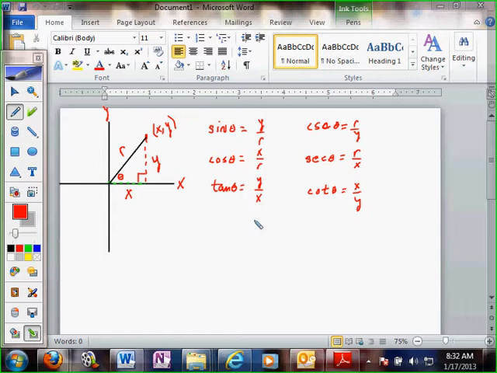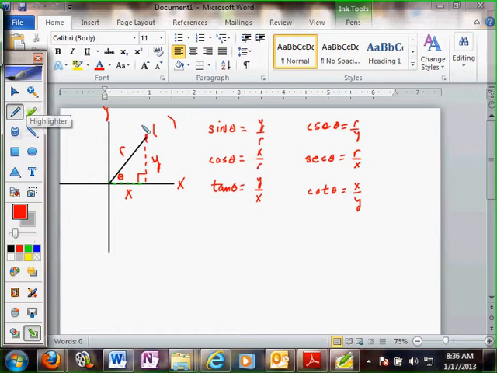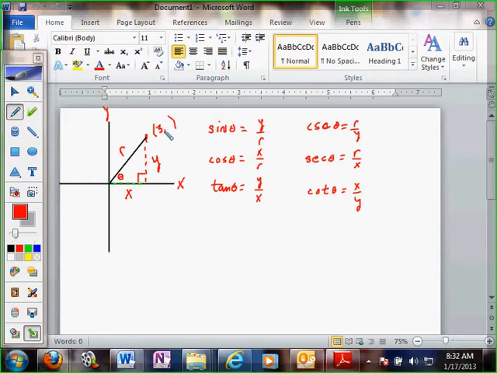So let's look at a couple of examples of how we might put this to work. Looking at example 1, the point is (3, 4).